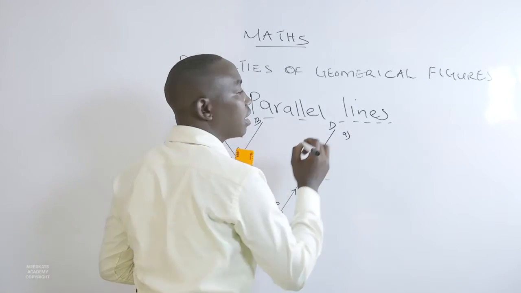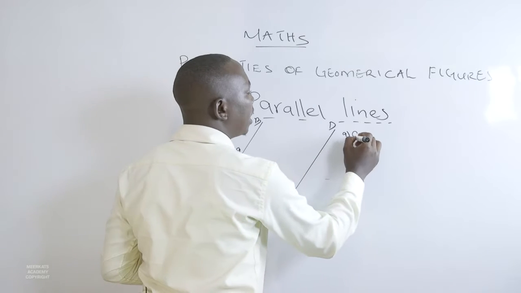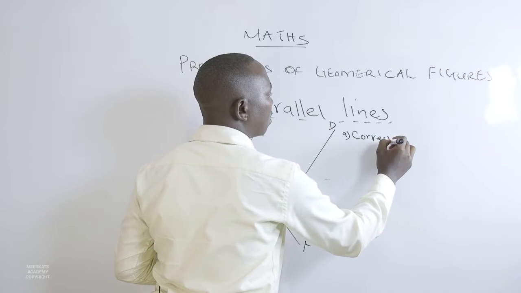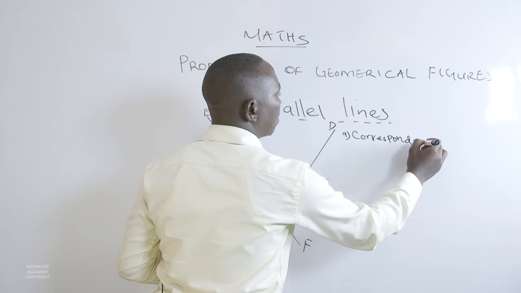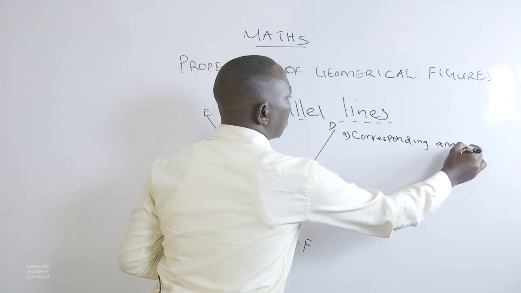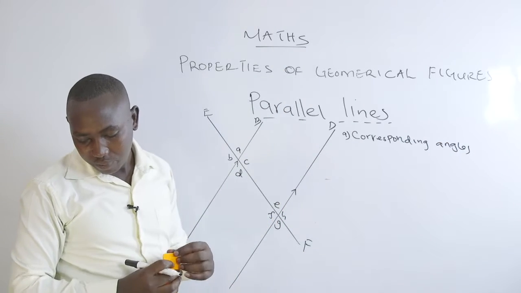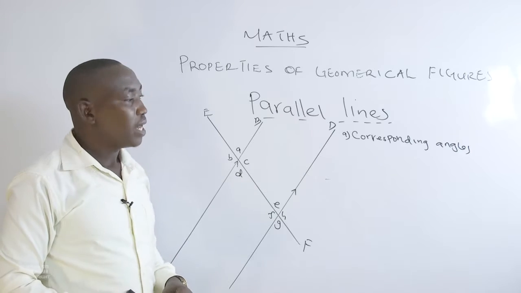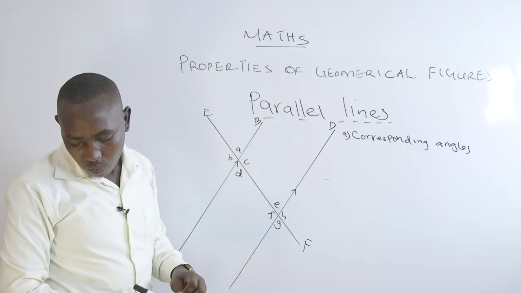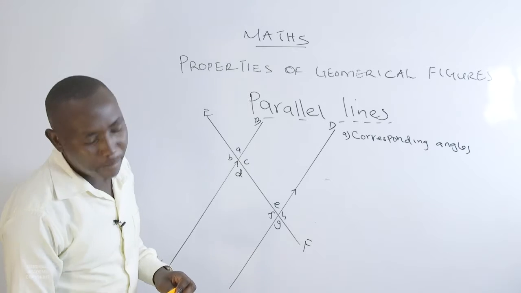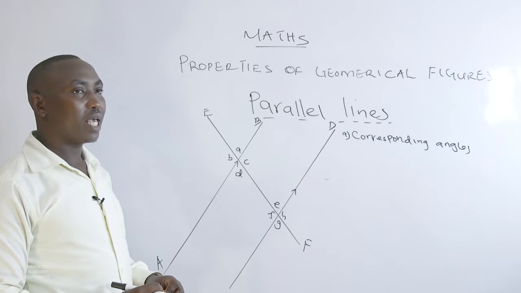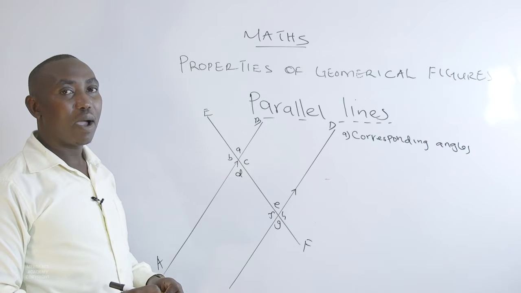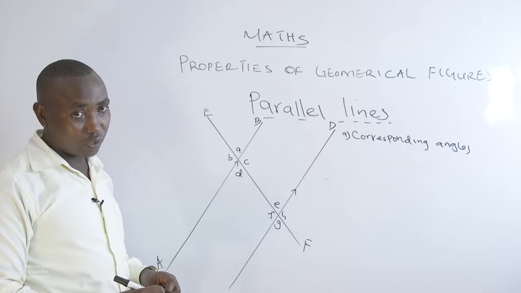Number one is a set of corresponding angles. Corresponding angles will always be equal for the case of parallel lines and a transversal.